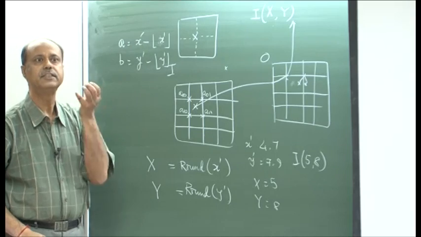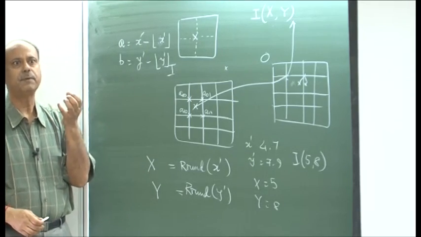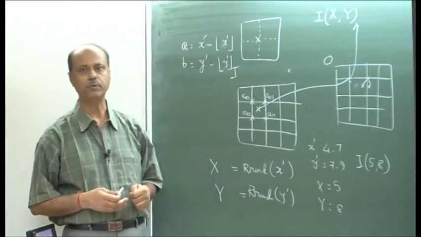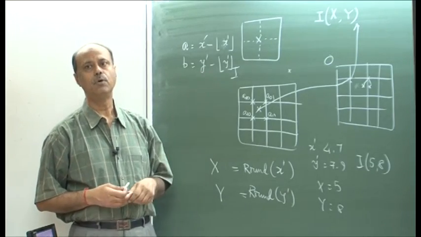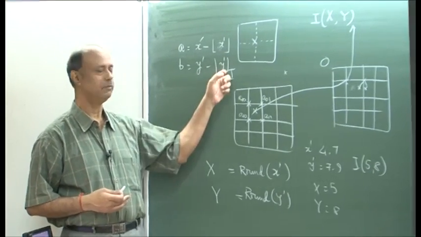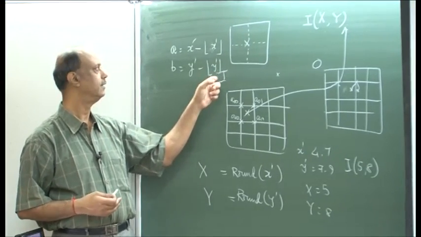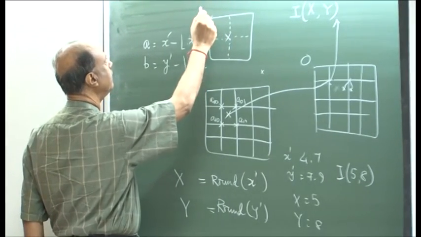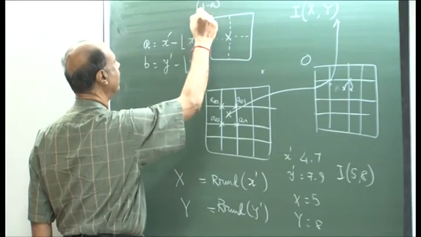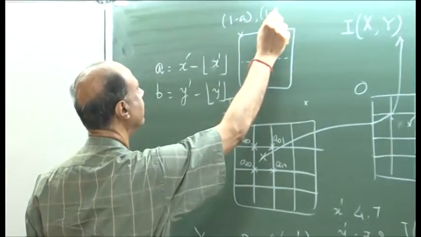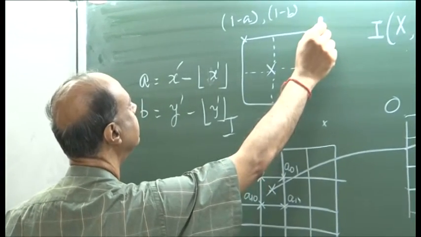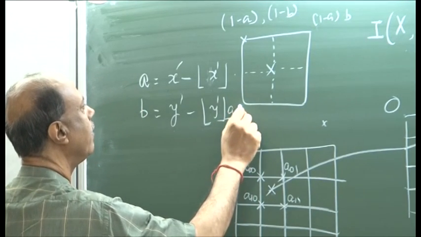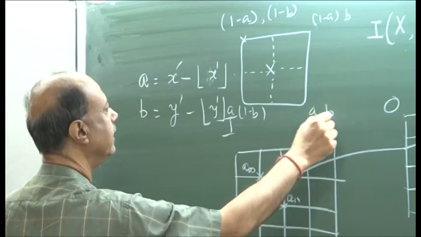So I get the leftover part, that is, x dash minus the largest integer smaller than x dash, whatever 0.5, 0.3, 0.7 comes. Similarly for y dash, so you get B. I give the weightage on these elements as 1 minus A and 1 minus B. Here it is 1 minus A and B, and so on. Similarly, here A and 1 minus B, and here it is AB.